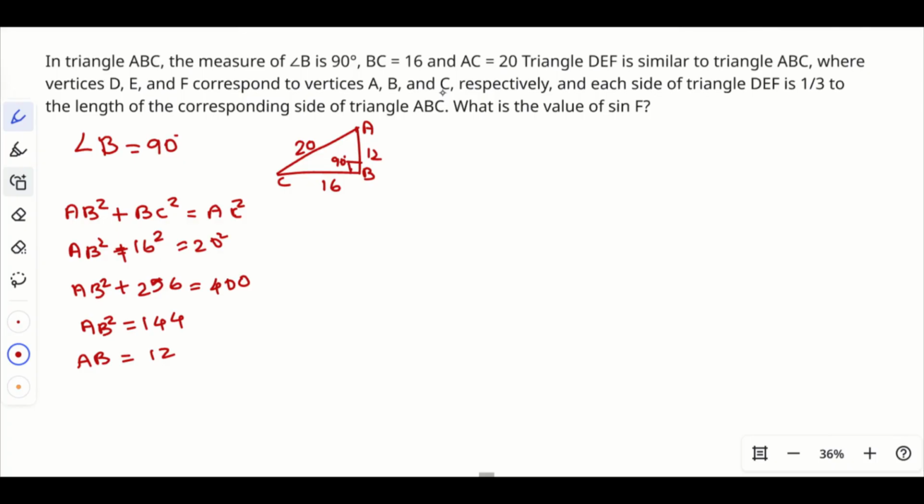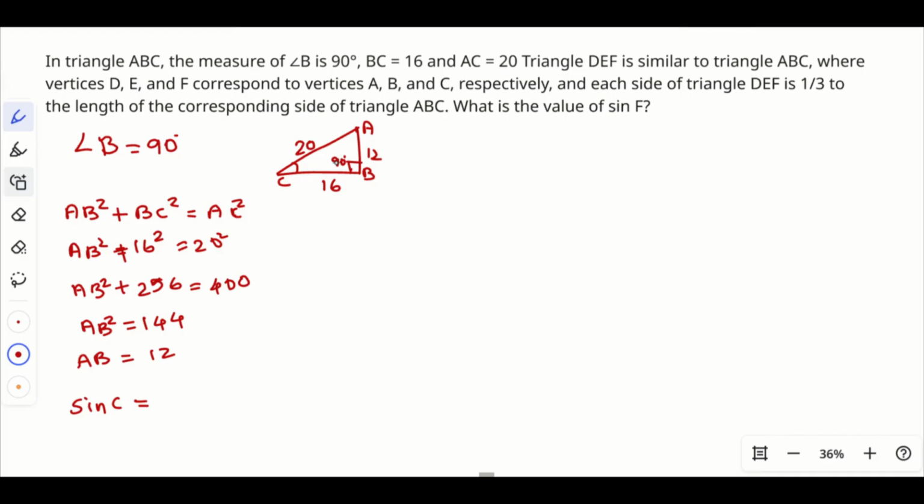So what do we have to do now? Now we have to find sine C. How will you find sine C? What will you write for the equation? We will write opposite side by hypotenuse, that is sine.